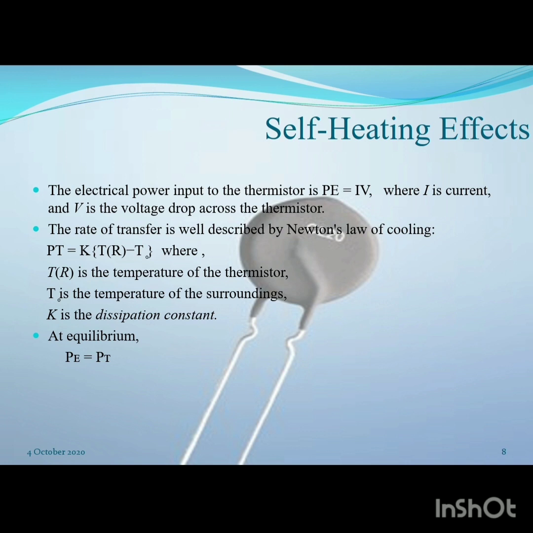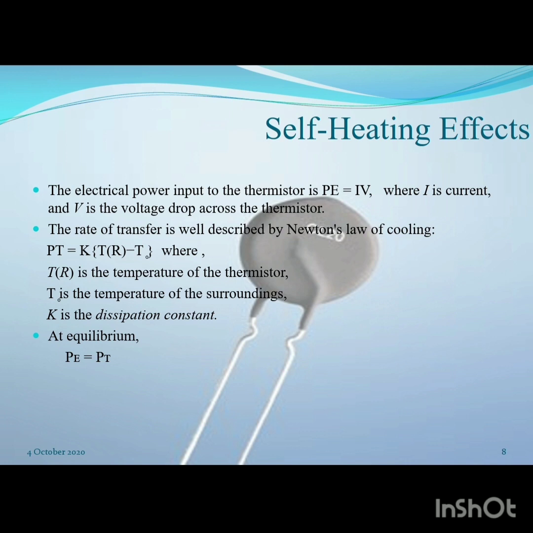Then the equilibrium equation can be solved for the ambient temperature as a function of the measured resistance of the thermistor, that is T naught equals Tr minus V square by Kr. These are the equations you are going to get in the books, so you don't have to focus on the equations I am saying.